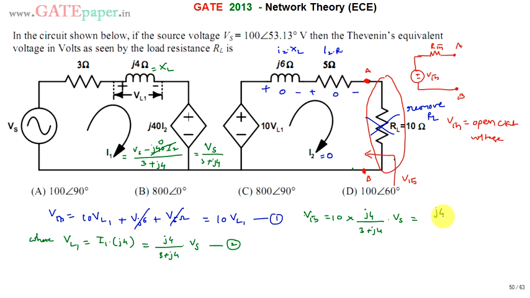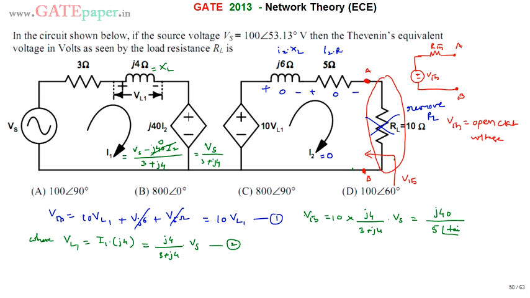You can write it as j40 divided by 3 plus j4, since 10 into 4 is 40. In polar form, the magnitude is the square root of 3 squared plus 4 squared, which is 5, and the angle is tan inverse of 4 by 3, imaginary by real.